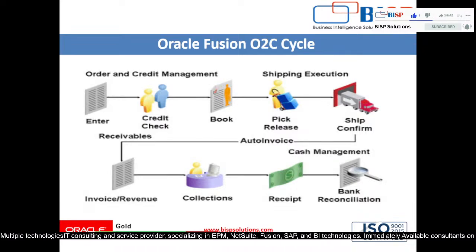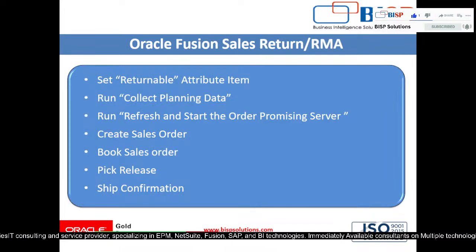After that we create the return. First we have to set the returnable attribute at both levels, at the item master level and at the child inventory level. We have to set this returnable, and after that we have to run collect planning data, and we have to run refresh and start the order promising server.